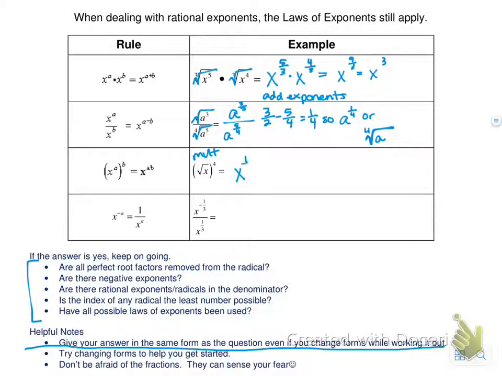So I have x to the 1/2 to the 4th. So that is x to the 4/2, or x squared. Okay, so you do have to remember your rules of fractions when dealing with these. So once again, I changed this to x to the 1/2, then I had 1/2 times 4, which is 4/2, and that is x squared.